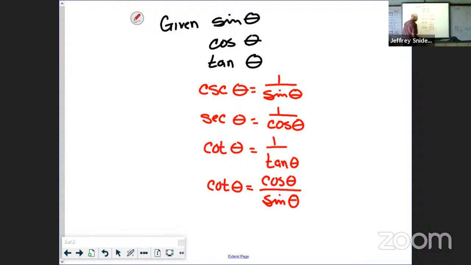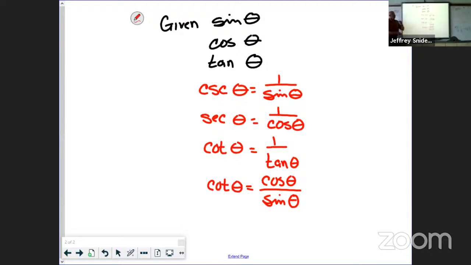All right? So these are things that we have just discovered. So we defined what these were, cosecant, secant, and cotangent. And then we see that they're really just inverted. They're not inverses, because that's a function term. You've got to be careful. They're the original 3 ratios inverted, is all they are.